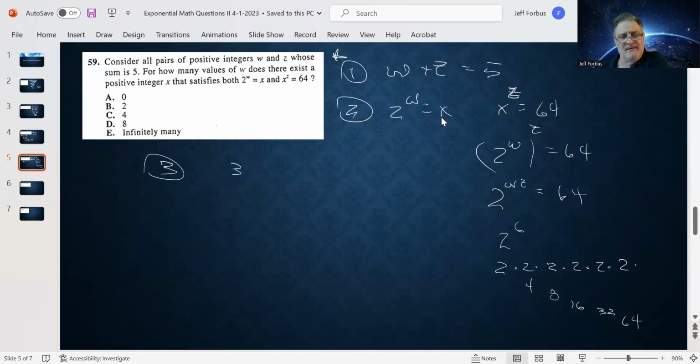So 3 times 2 would give us a 6. And 3 plus 2 gives us a 5. So if we call that W and Z here, so W representing 3 and Z representing 2, it could be vice versa. 2 times 3 would give us a 6. So those are the two that will multiply together to give us 6, but also add together to give us 5.